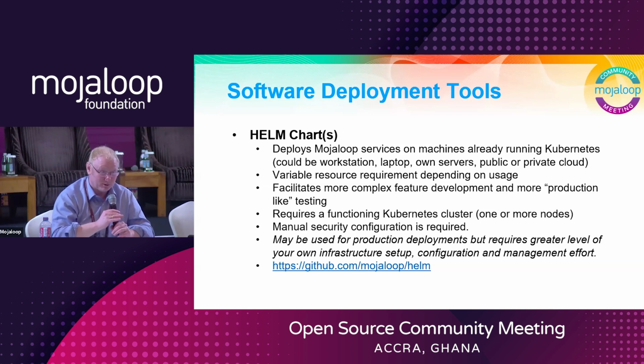So the Helm charts will not install Kubernetes for you, but if you know enough to be able to create a Kubernetes, then Helm charts can help you install Mojaloop on top of that. Some of our adopters have used Helm charts to build production deployments of Mojaloop. In their case, they had a lot of internal capability, experience and expertise in securing that deployment and preparing it for production quality.